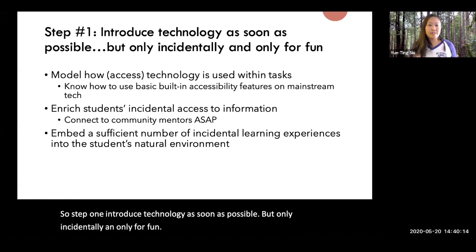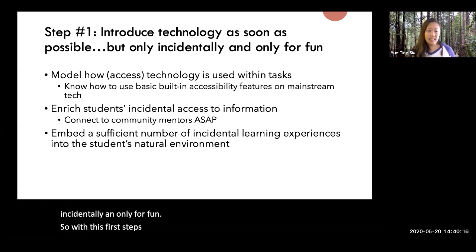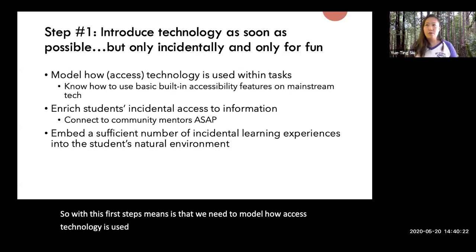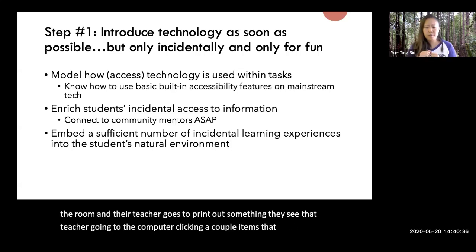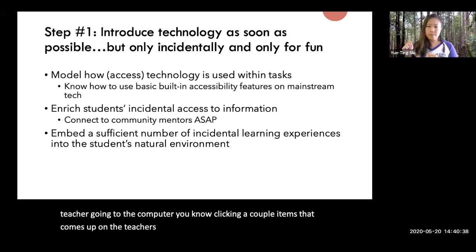So what this first step means is that we need to model how access technology is used within tasks. So think about little kindergartners in the room and their teacher goes to print out something. They see that teacher going to the computer, clicking a couple items, it comes up on the teacher's computer, teacher pushes print, and the paper spits out of the printer.